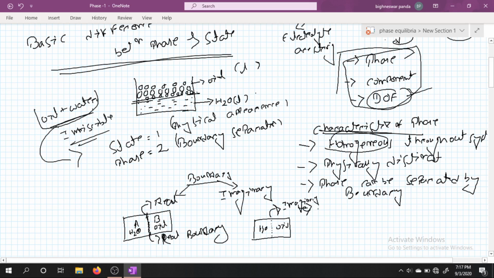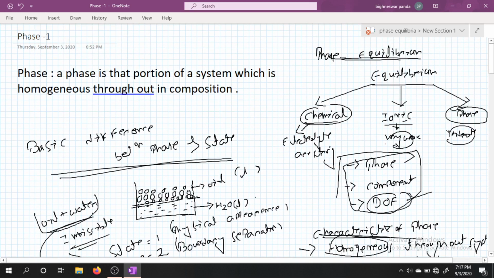Another important point is that phases can be mechanically separated. So these are all the basic things about phase. We have discussed what phase is, and now we are going to discuss the definition of phase.